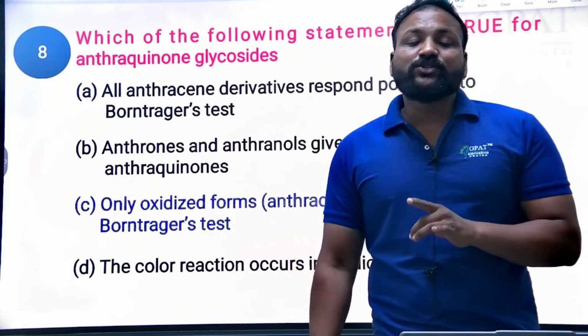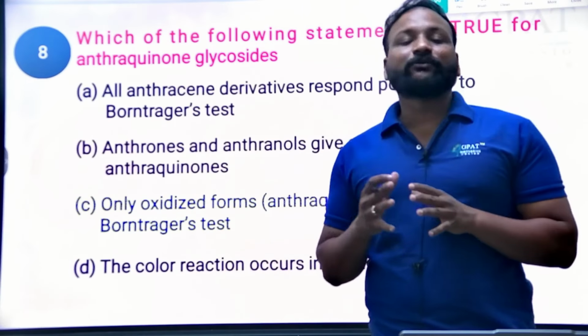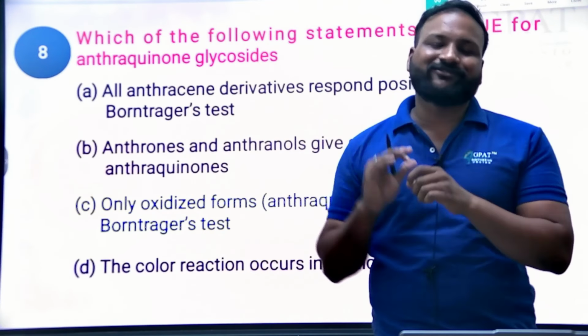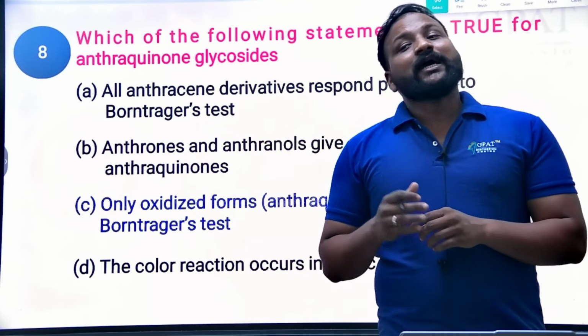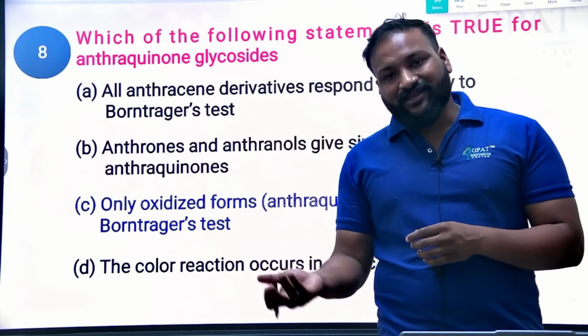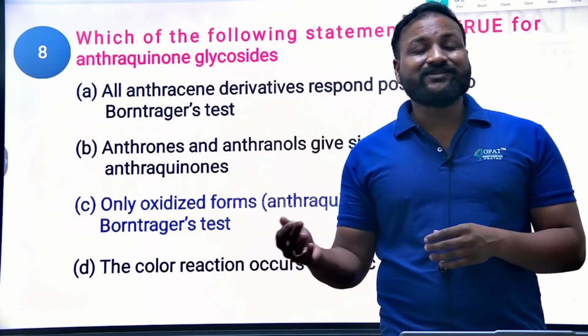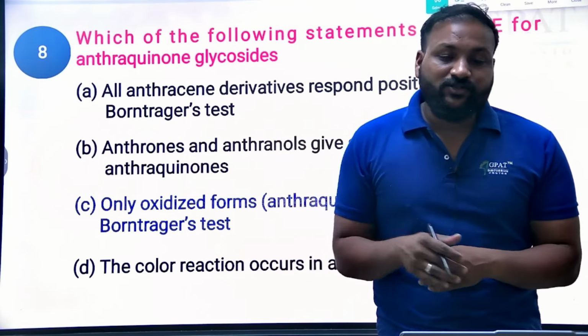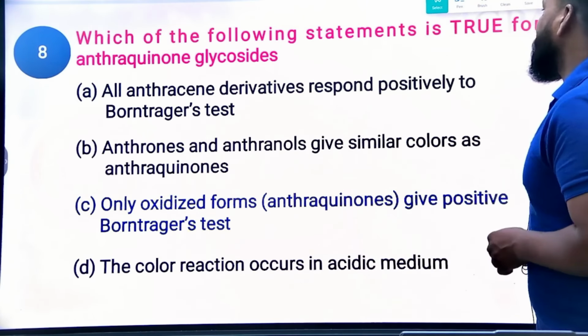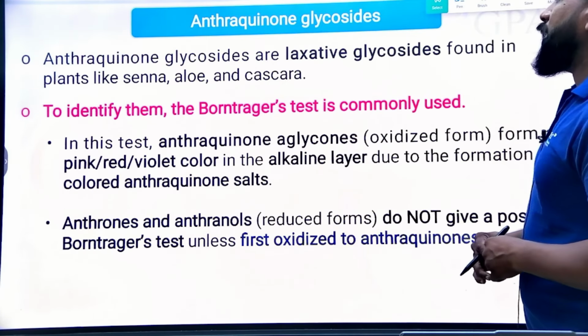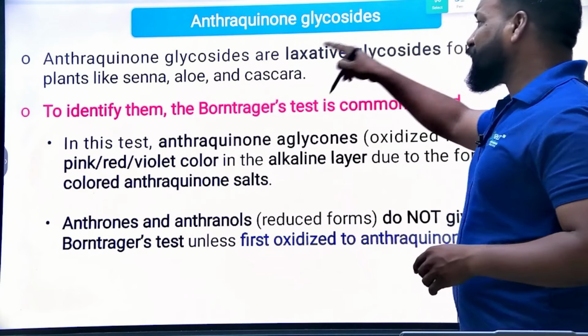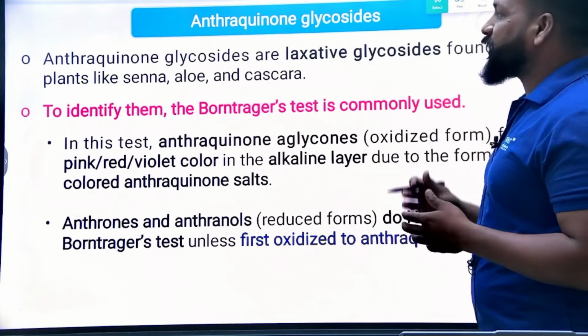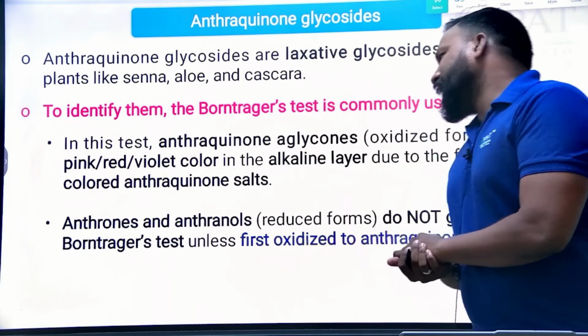For identification of anthraquinone glycosides we use the modified Borntrager's test. But if you want to confirm presence based on the Borntrager's test, they should be oxidized. Yes. So anthraquinone glycosides are laxative glycosides.